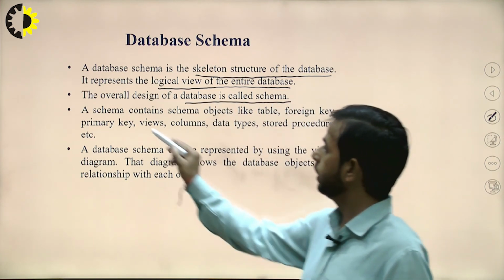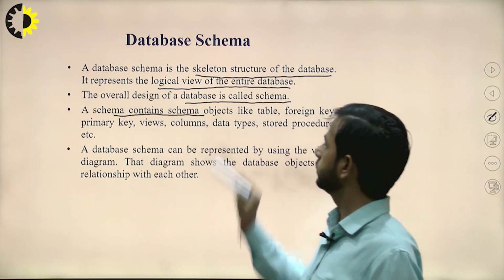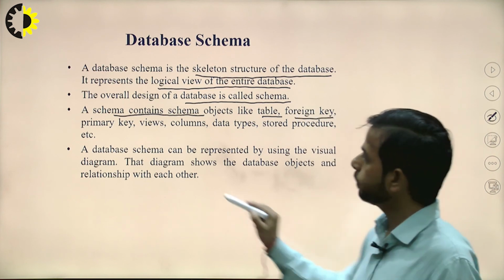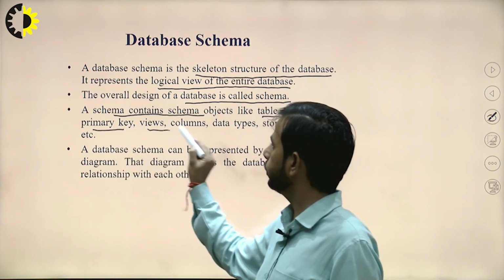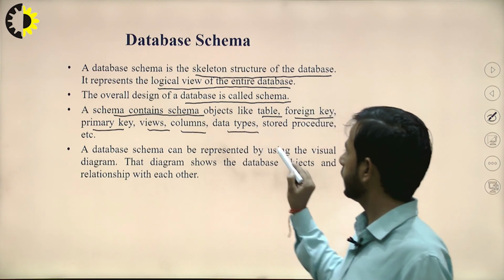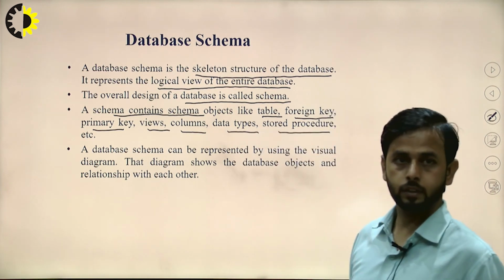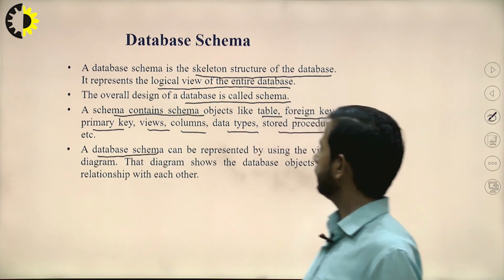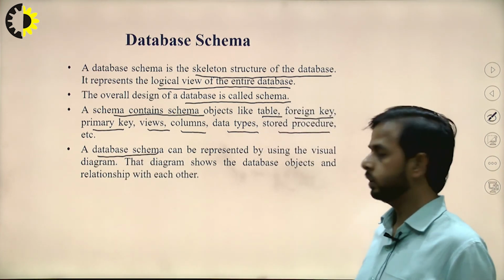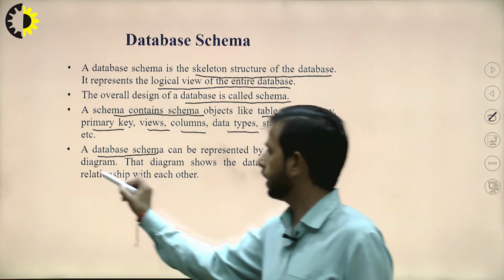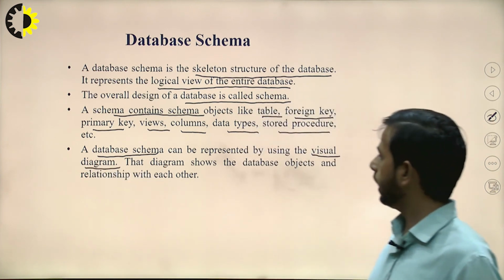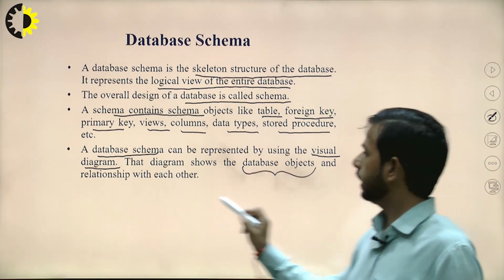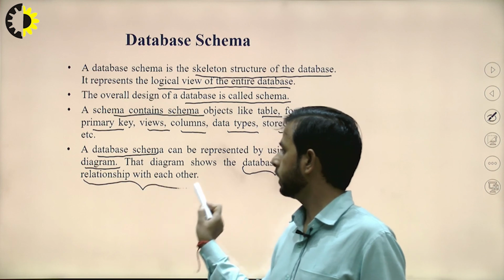A schema contains schema objects like table, foreign key, primary key, view, columns, data types, stored procedure, etc. A database schema can be represented by using visual diagrams. That diagram shows the database objects and their relationships with each other.